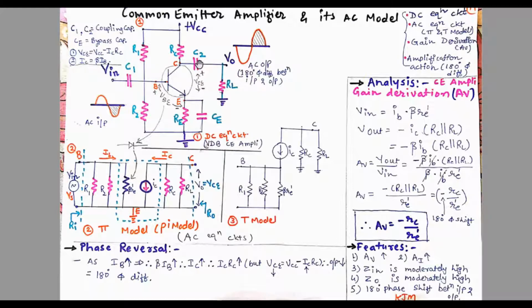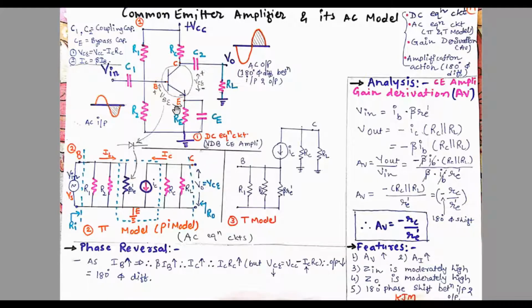Another important equation that we studied in the bipolar junction transistor chapter is in the output loop. In any output loop, at the collector, we can measure the voltage drops. These are the two terminals, base and emitter.